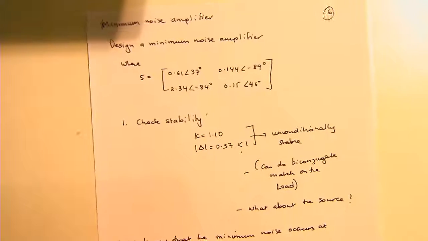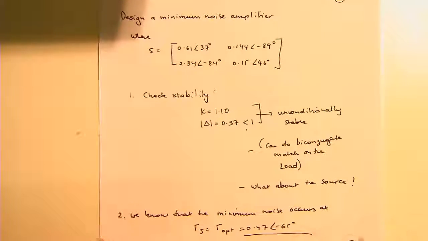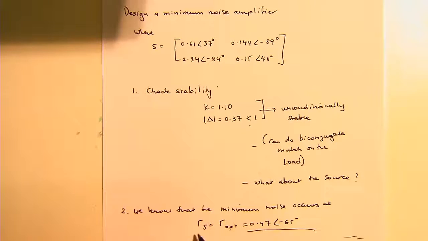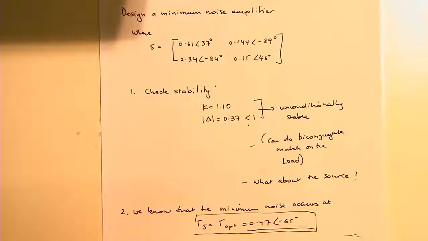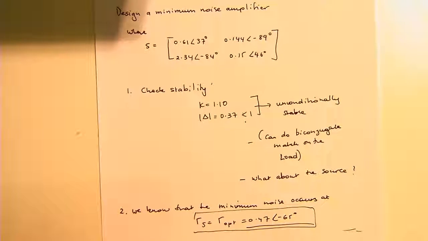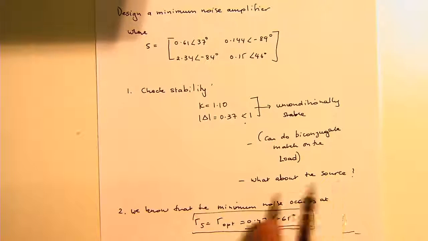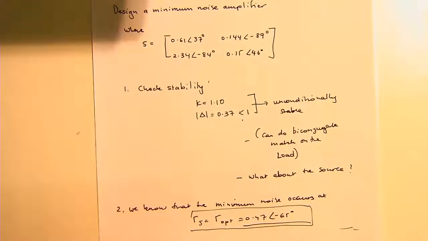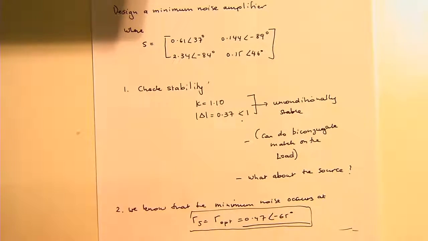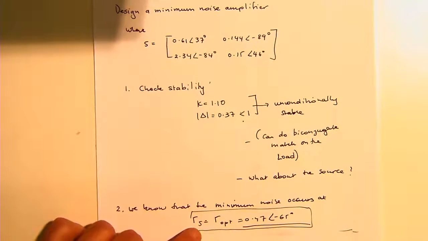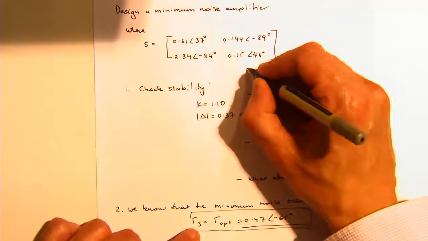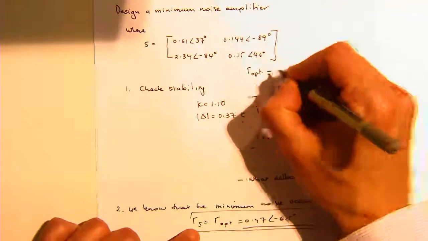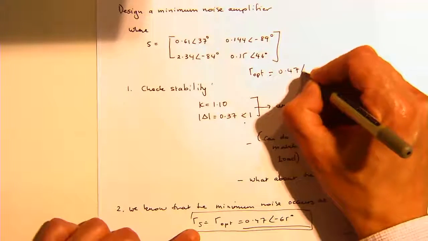We also know that the optimal reflection coefficient at the source in order to achieve the minimum noise figure is given to us by the manufacturer, and I've left this out. I should have said gamma opt equals 0.47 at 65 degrees, sorry.